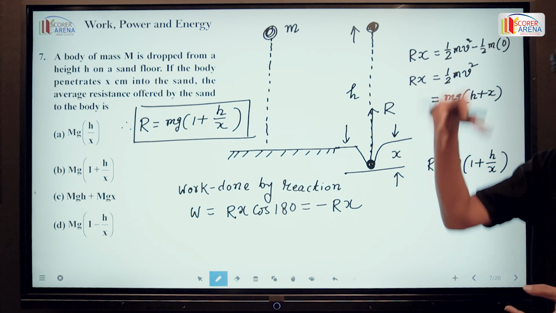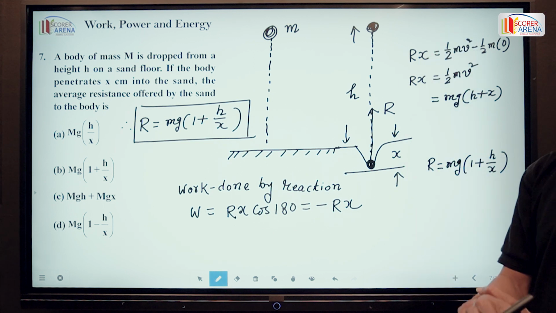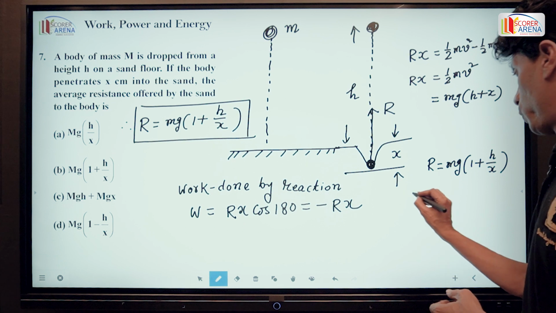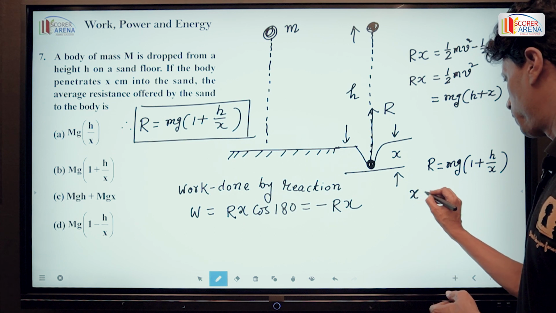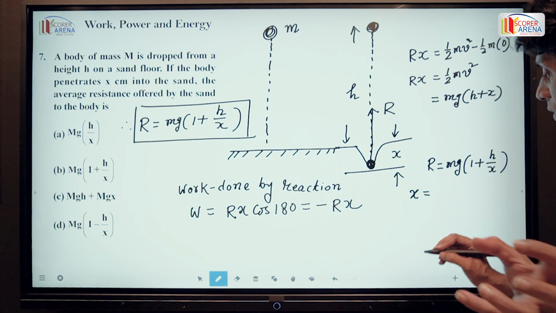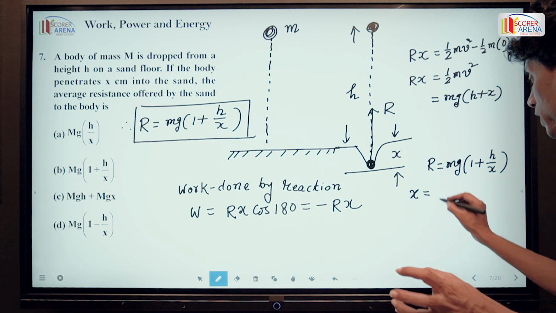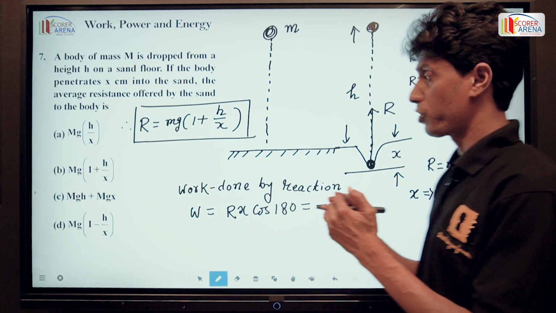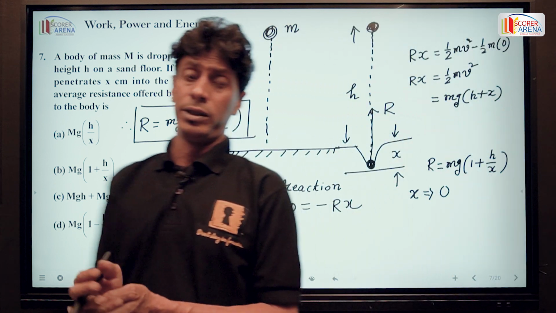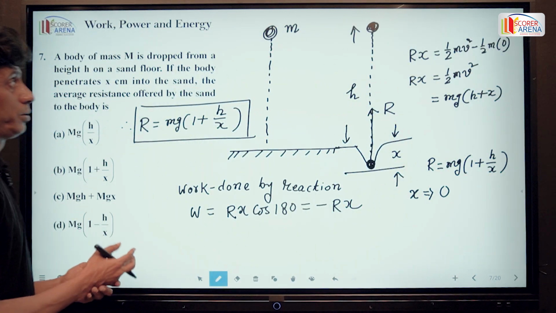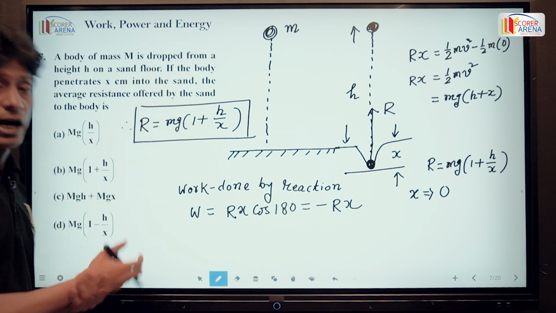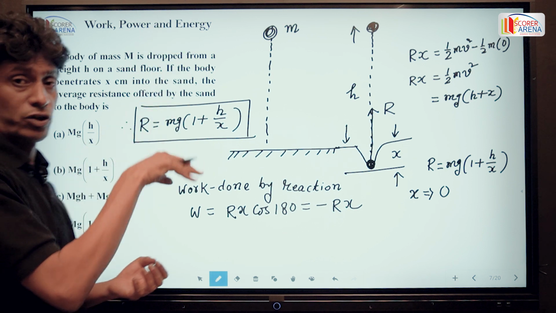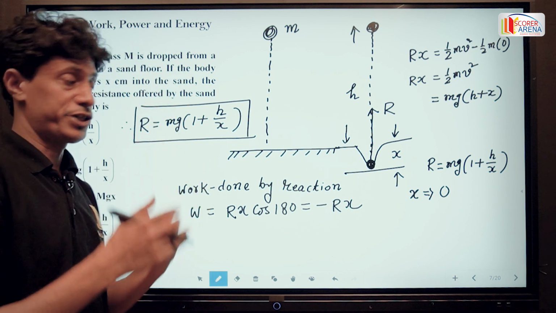If the body is dropped on a concrete floor, x, the deformation of the concrete floor, is very small, so it tends to 0. The change or deformation of the ground is negligible when a ball is dropped from a height on the concrete floor.